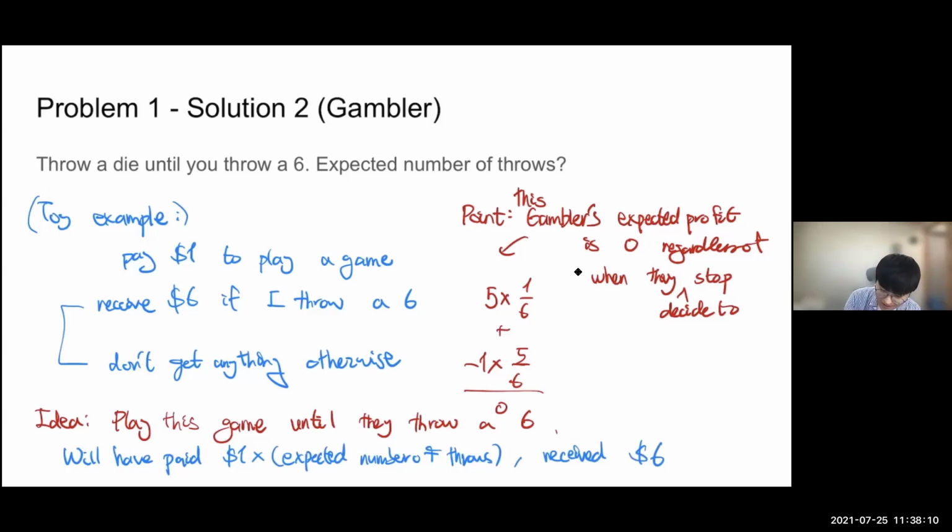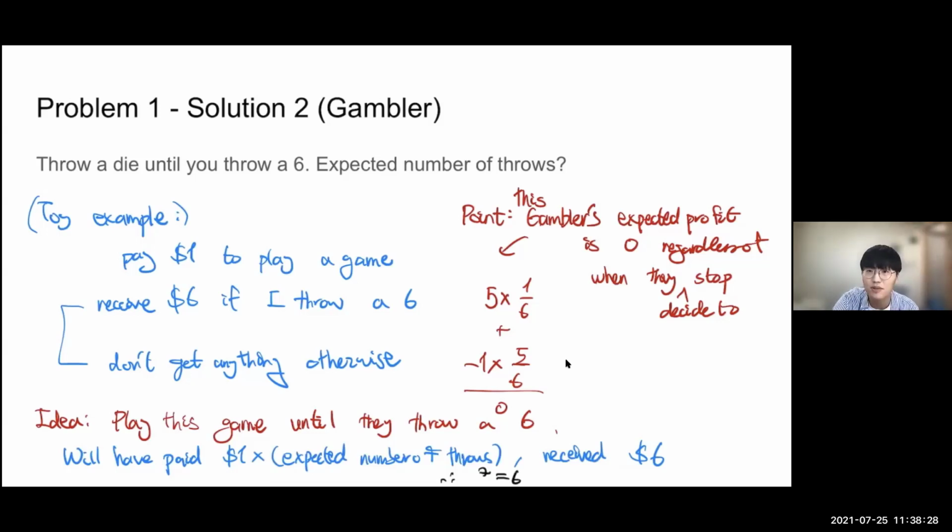So we know that your expected profit is 0 no matter what. So these two numbers should be equal. So you get that this is 6.